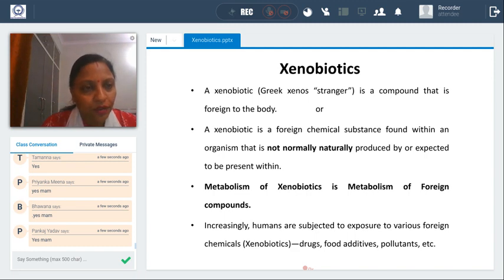Yes, these are the phases of biotransformation. Phase 1 and phase 2. Which reactions are involved in phase 1?